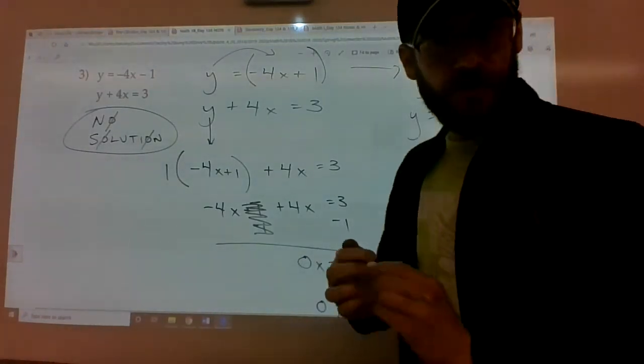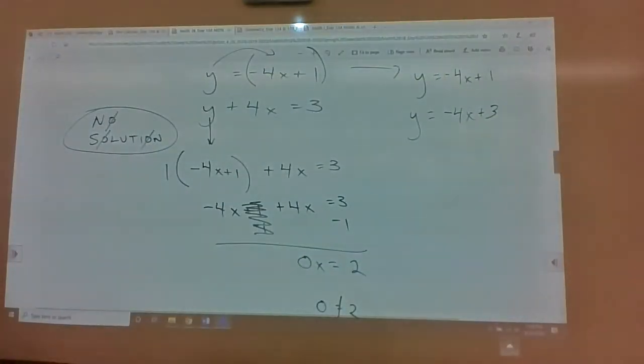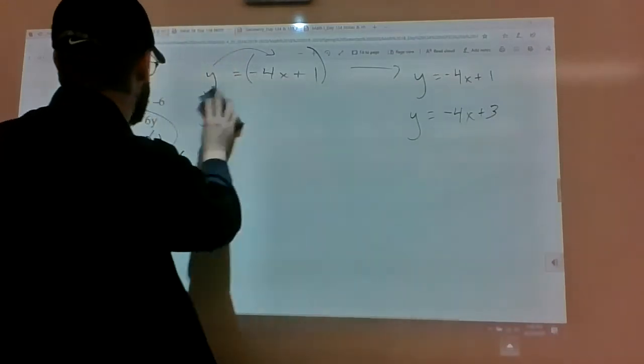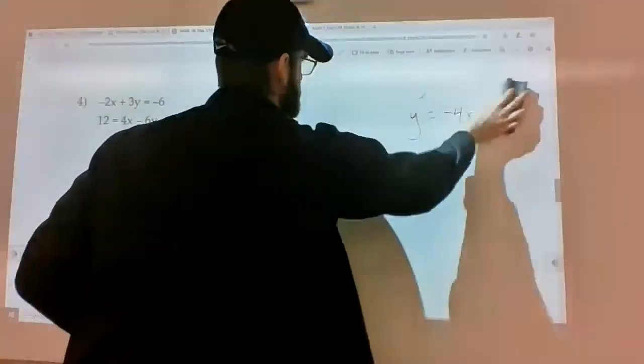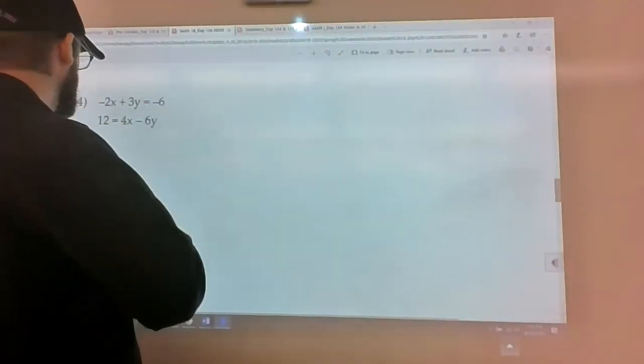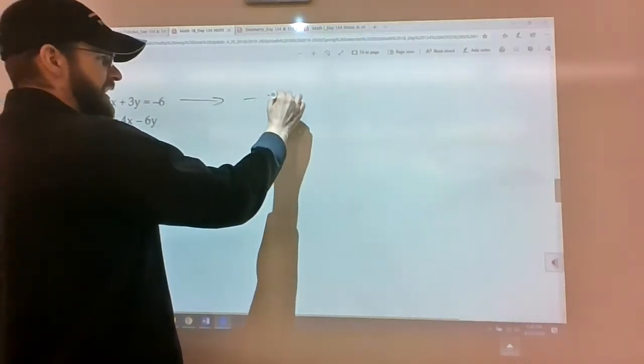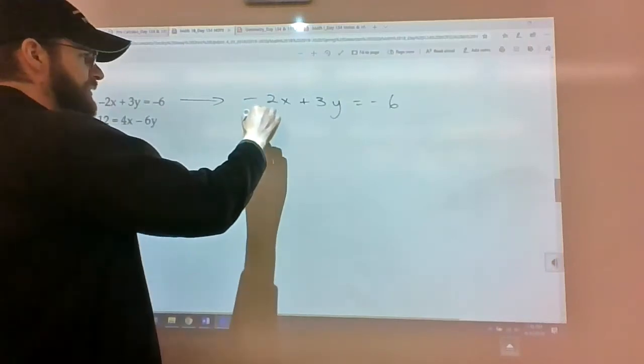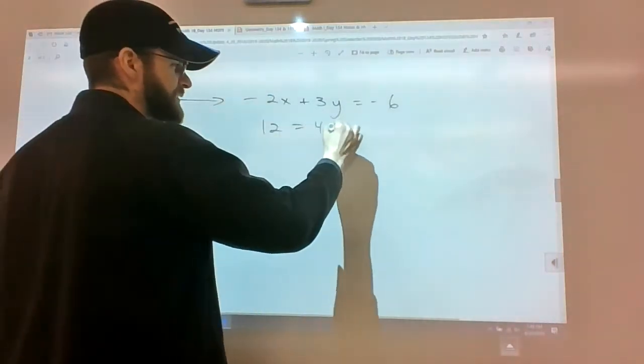All right, I'm going to have to hustle and get through number 4. So my first equation, I got negative 2x plus 3y equals negative 6. And then I got 12 equals 4x minus 6y.